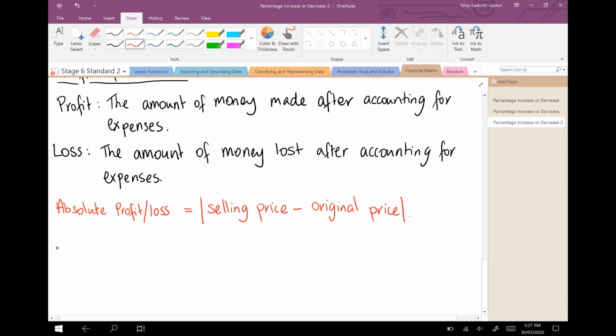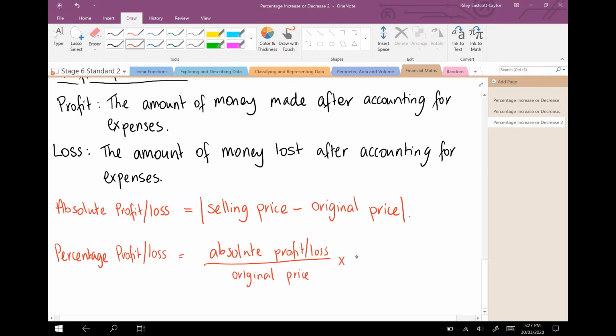Now next, when we're finding the percentage profit or loss, it's equal to the absolute profit or loss from before divided by the original price, and this is times by 100 to make it a percentage.